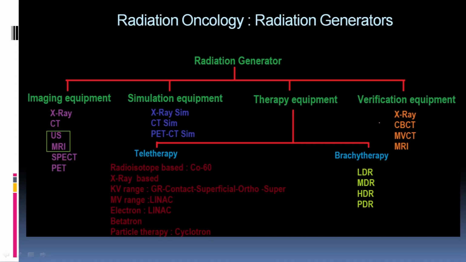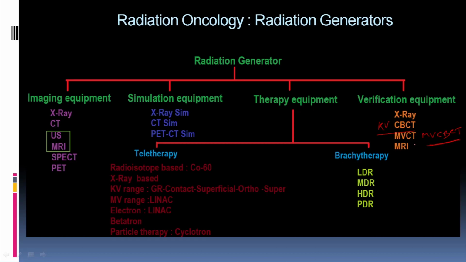We can also verify by CBCT, which is actually cone beam CT scan, and we may have MV-CBCT and kV-CBCT. Nowadays there is also some advanced equipment which uses MRI scanning for verification purposes.